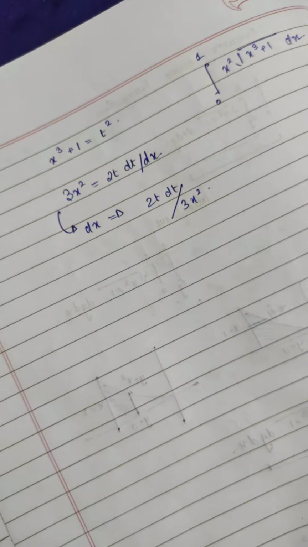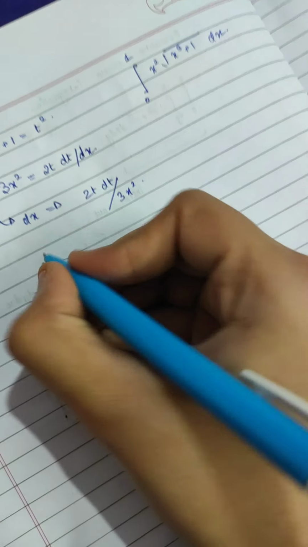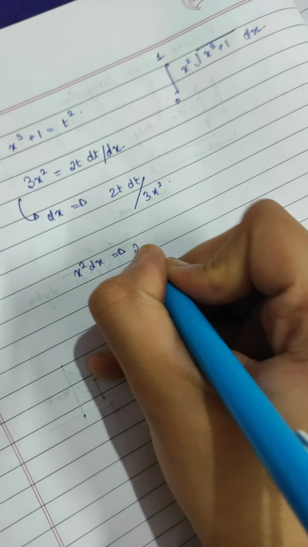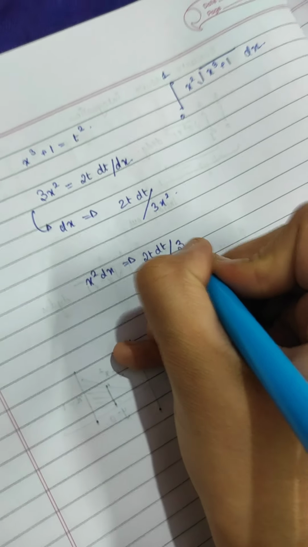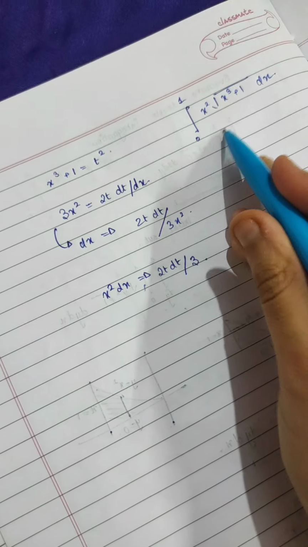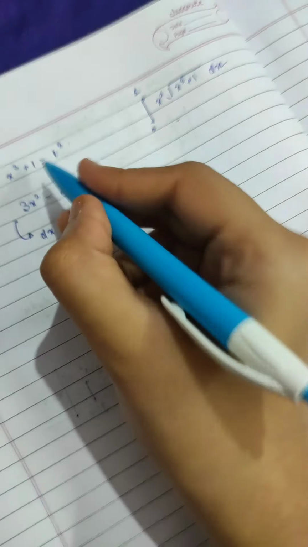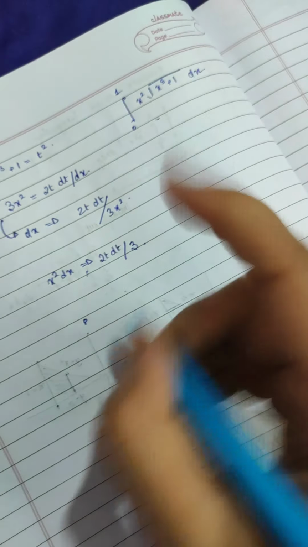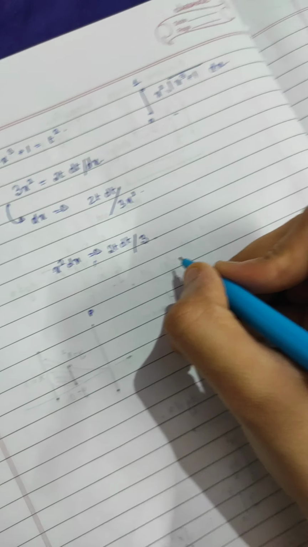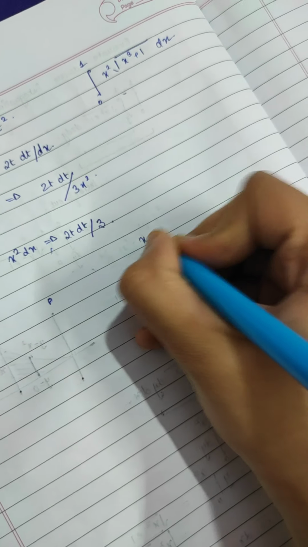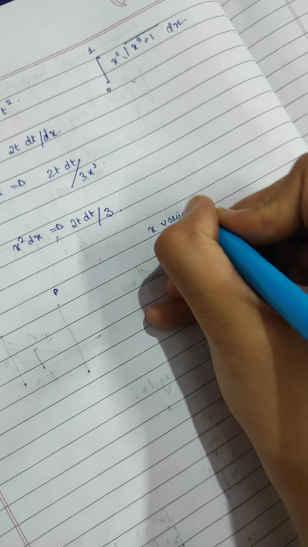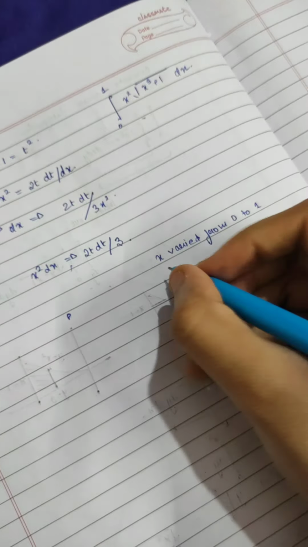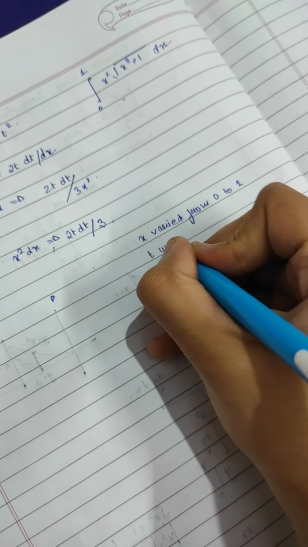So x square dx can be written as 2t dt upon 3. We'll put this here and also this part. One thing to keep in mind, x varied from 0 to 1. So where will t be varying?